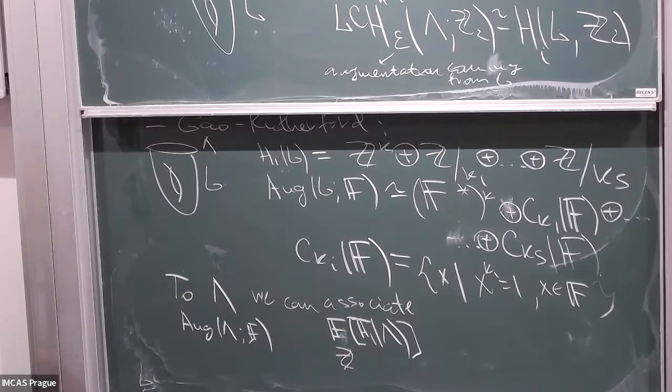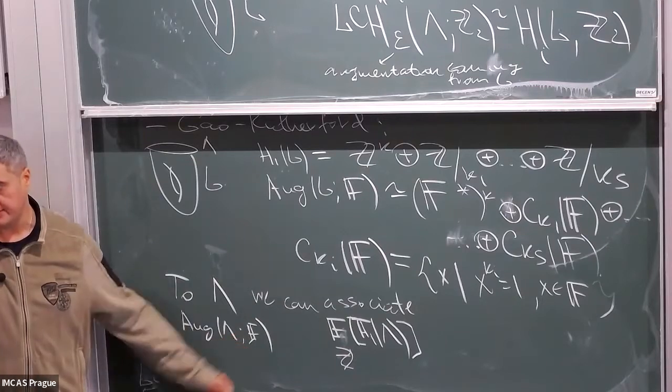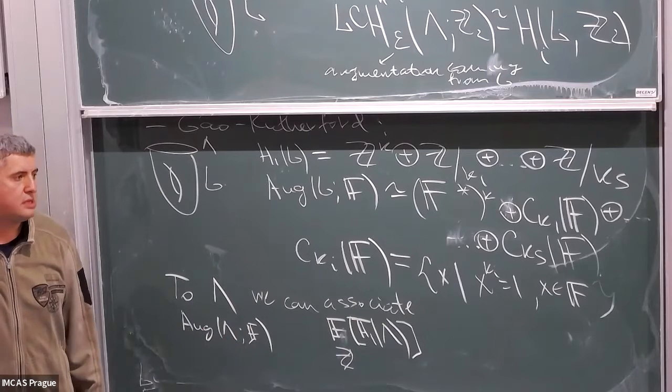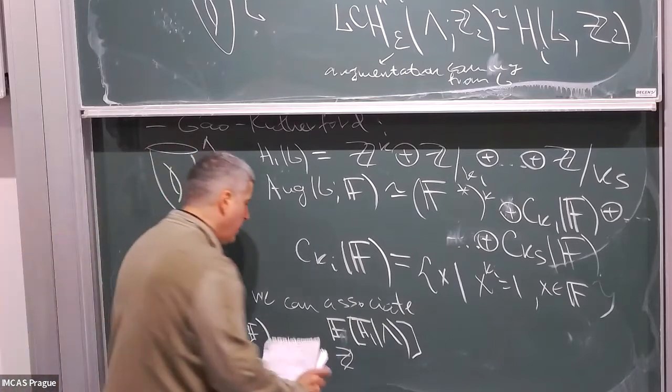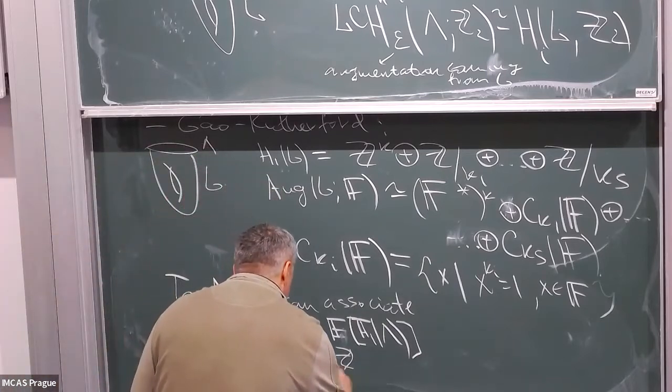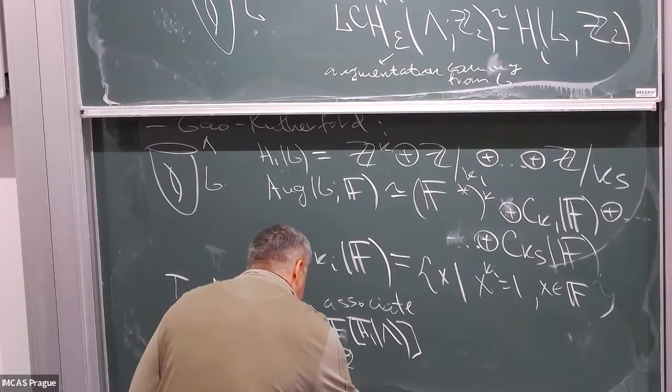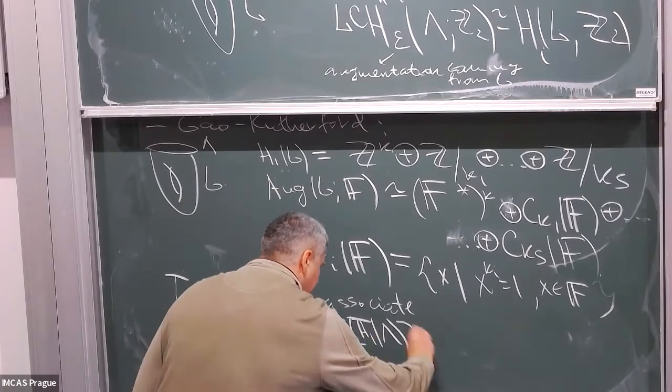And the point is, what is this augmentation variety? This augmentation variety is basically the set of all such maps.